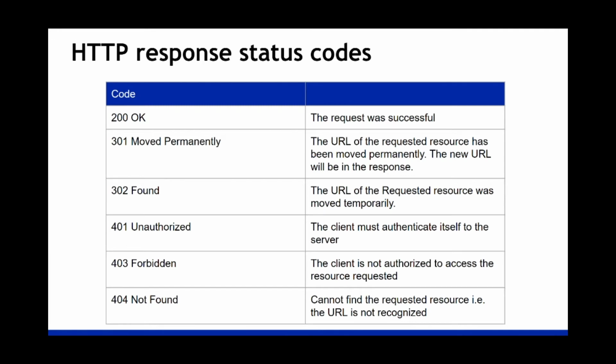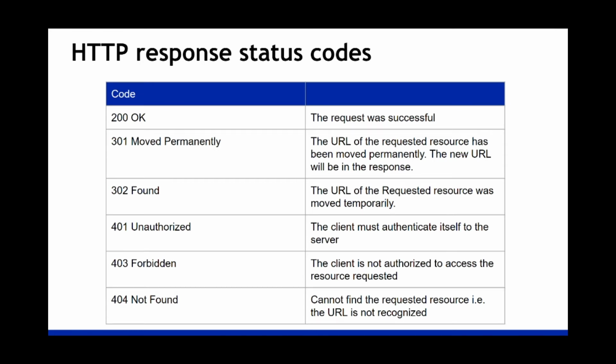401, if you get that, it just means you're not authenticated. So even though it says 401 unauthorized, it means not authenticated. If you try to log into a page and you don't have the user information to log in, you get a 401 message saying you're not authenticated. If you get a 403, however, it just means you're not authorized.